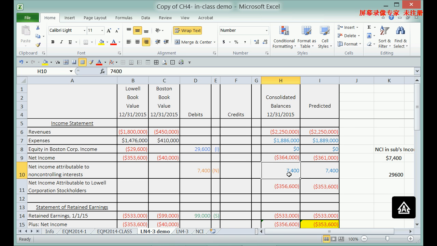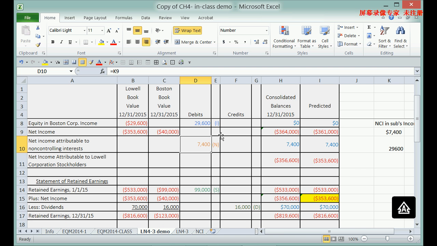Now the consolidated balance should be this plus this plus this minus this. So we see if I do not do this, it would be 0, but if I have to put it in to make the consolidated balance equal to the predicted balance.